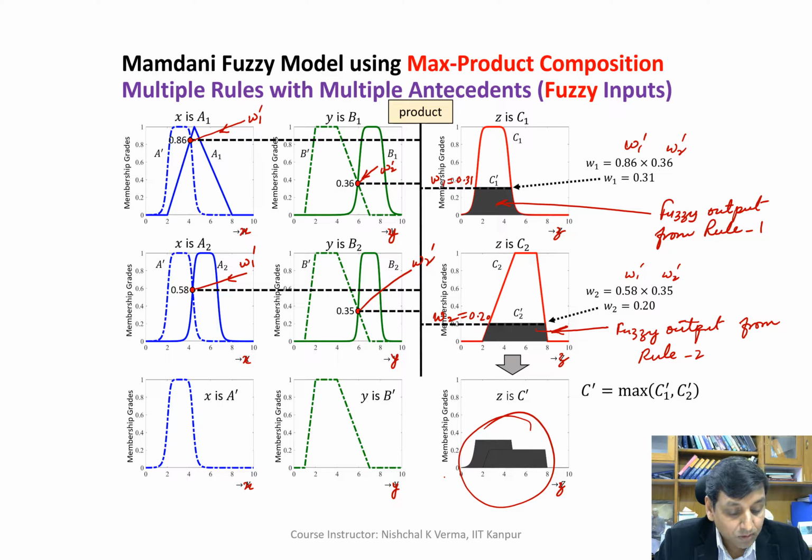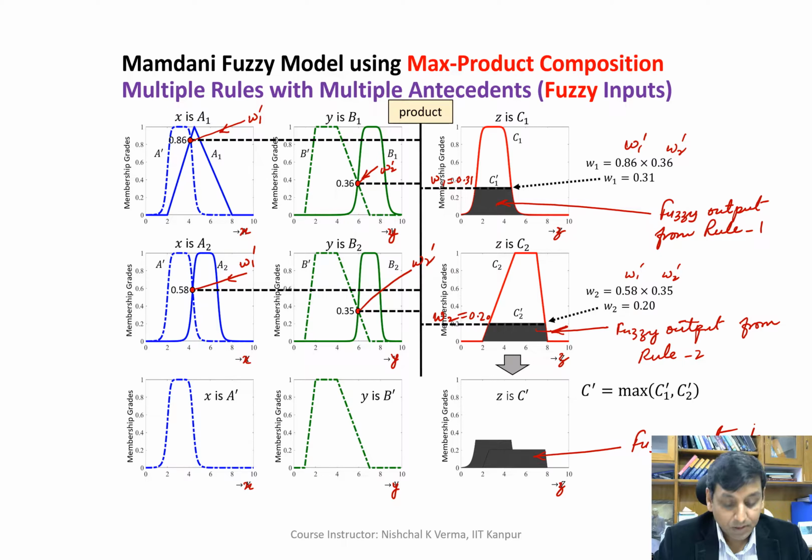As we can see, this is a fuzzy value as the output corresponding to the fuzzy inputs, X is A dash, Y is B dash. So we can call this the fuzzy output, and this can suitably be converted into a crisp value by using some defuzzifier.